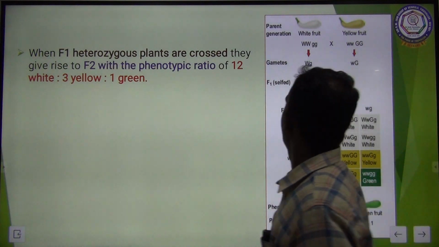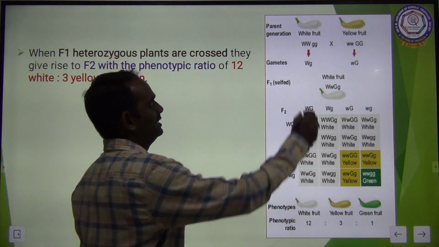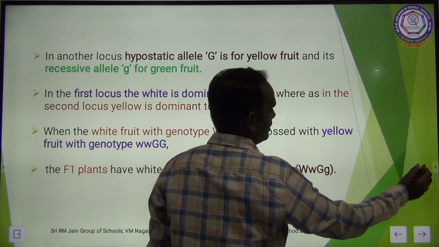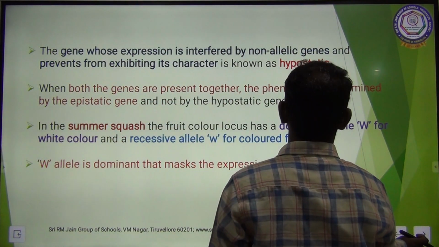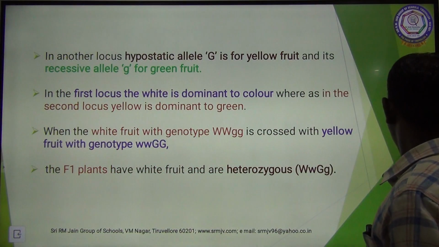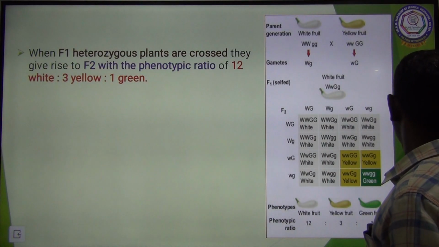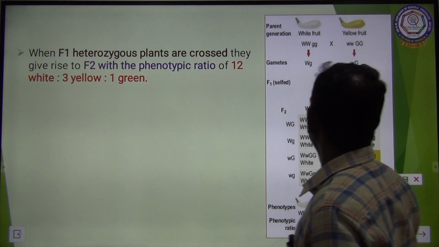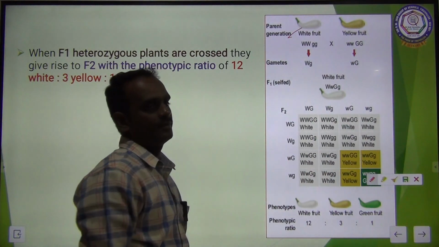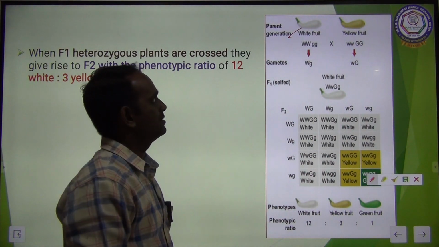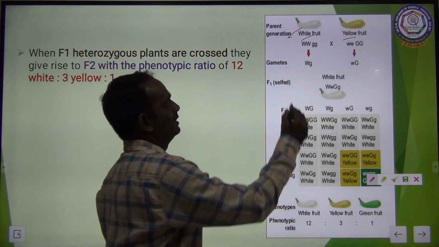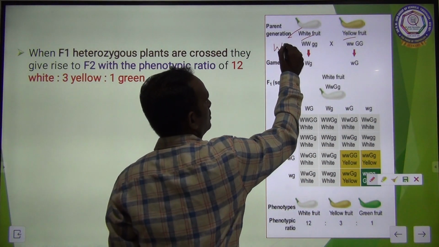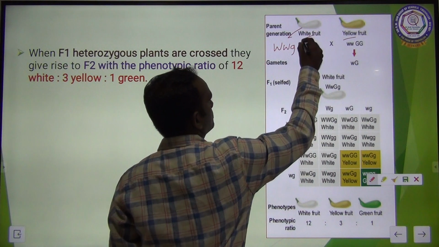See here, see the picture, this is the parent generation in the summer squash plant. The white fruit, this is a yellow fruit. Here white color, capital W, small g.